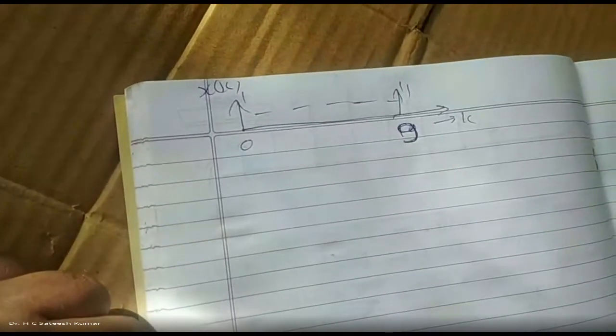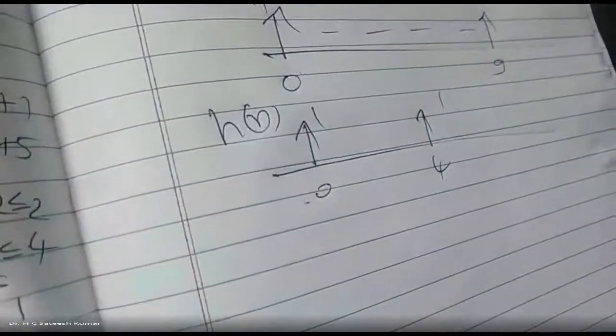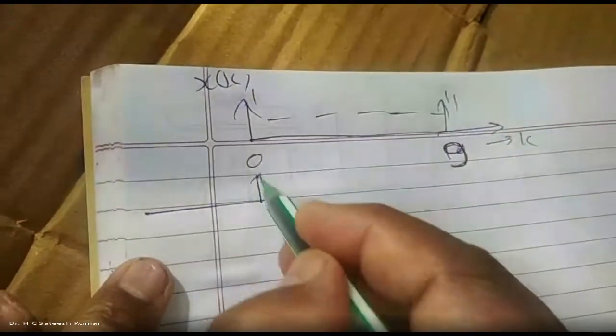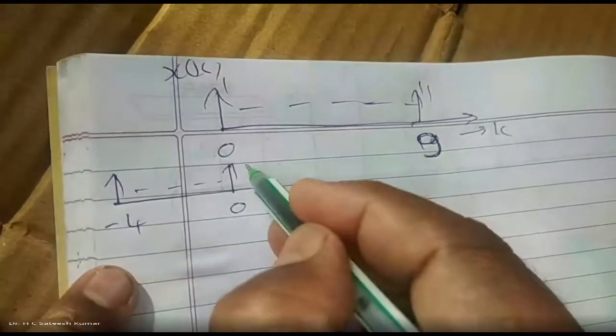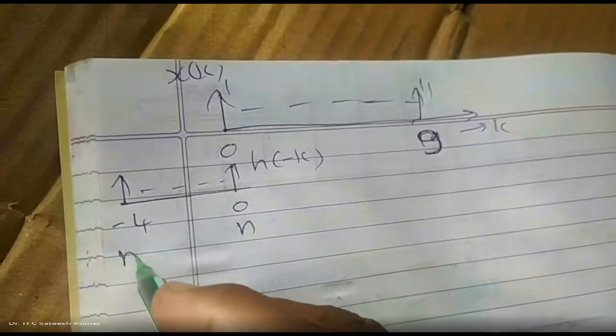X of k, its value is 1. Now, for the second one, 0 remains 0, and 4 will go to minus 4. So, therefore, 0 and minus 4. This is h of minus k. When this becomes n, this is n minus 4.